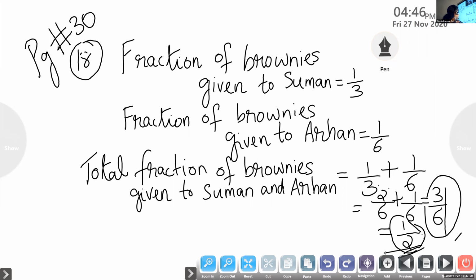Is that clear? Is there any doubt regarding equivalent fractions, children? What is the denominator of 3 by 6? 6 is the denominator. So if you are taking 1, it means 6 by 6. When we are reducing, it becomes 1 by 2.